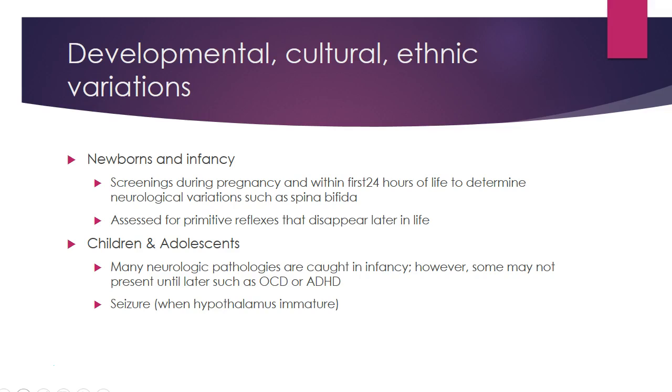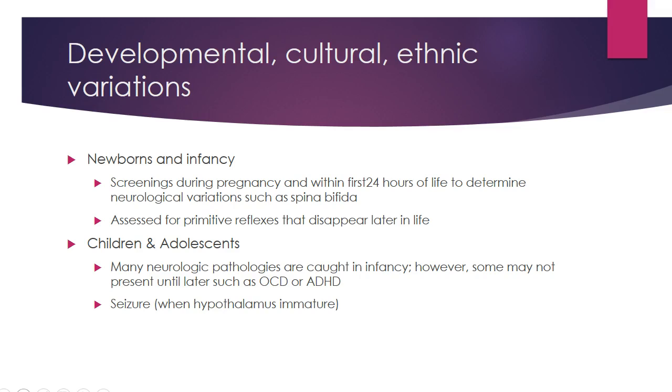Children can also have febrile seizures. This occurs when your hypothalamus is immature, and in a child's brain, the hypothalamus is immature until about 5 years old. The hypothalamus, like I said earlier, regulates temperature.